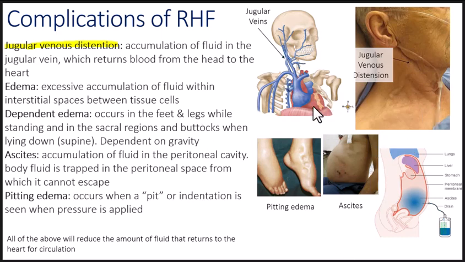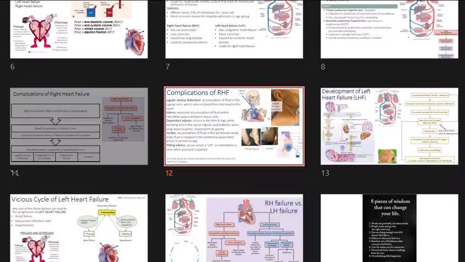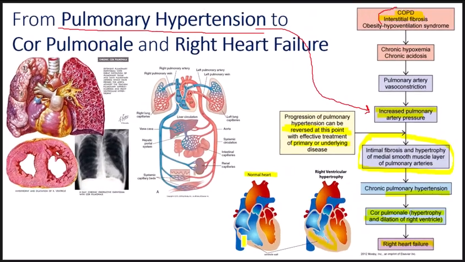Let's look at this slide one more time. I mentioned that if this right ventricle can't pump blood into the pulmonary circulation, what it will end up doing over time is backing up.